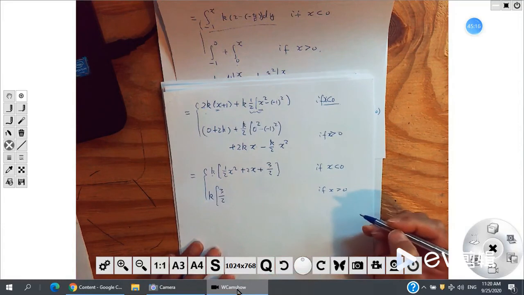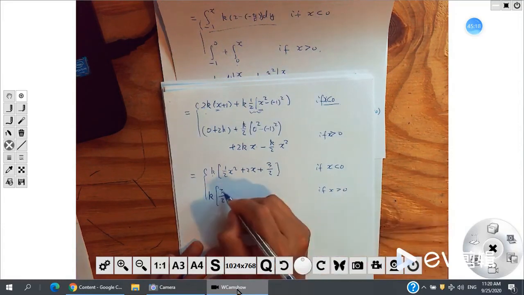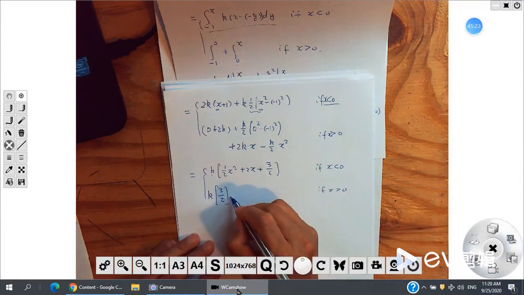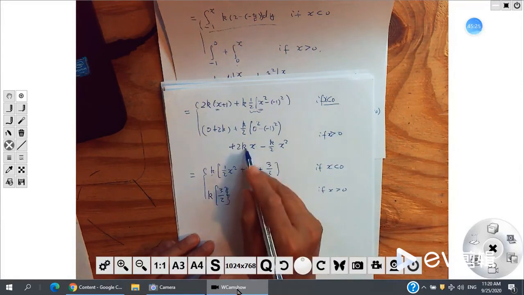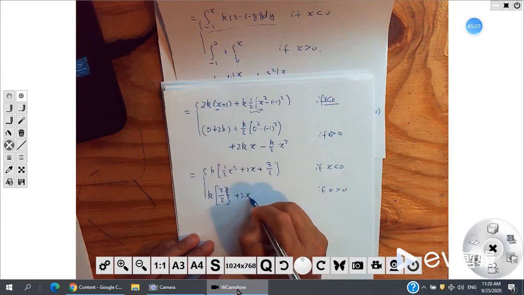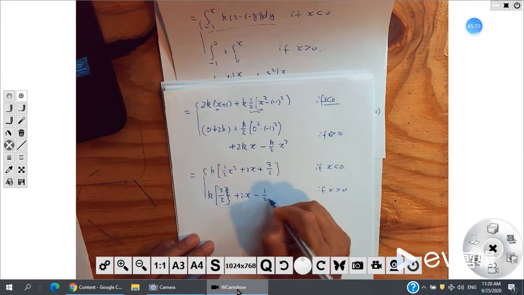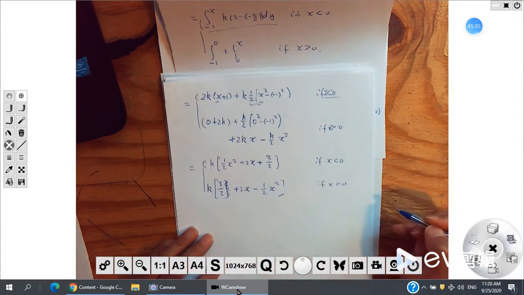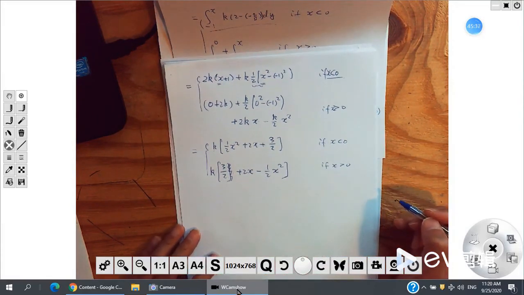Okay, yeah, just k times 3 over 2. And plus, I move k outside. Here's a 2x minus half of x squared. Yeah, we get this. All right. Now we can have a graph.